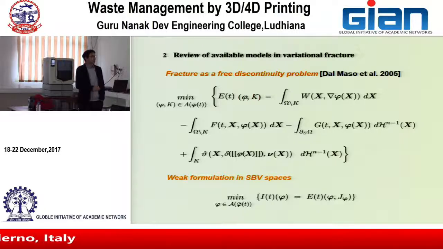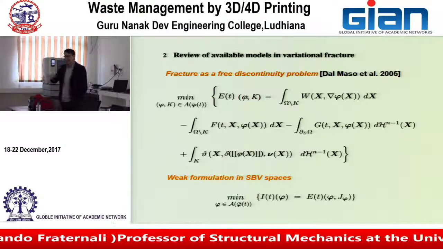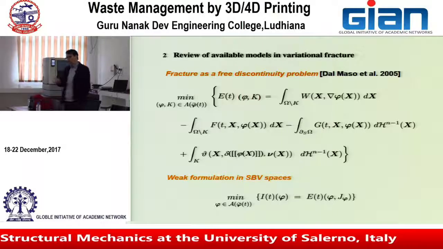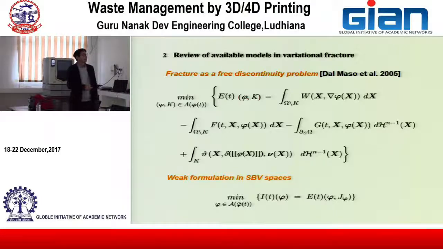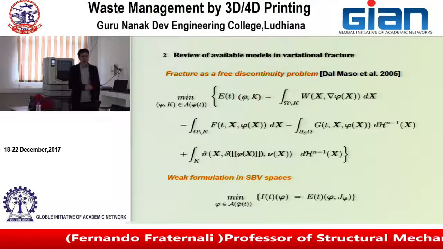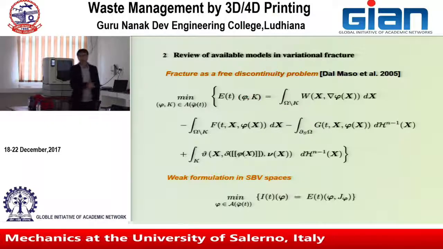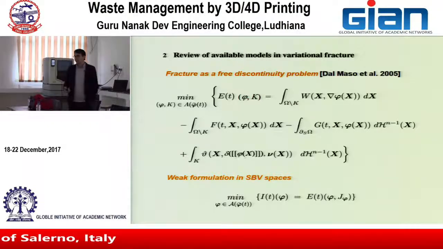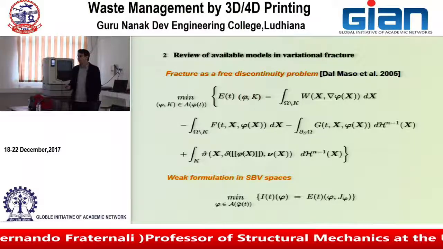And so this energy is made of an elastic part. These other two parts are not very important. Assuming elastic fracture to occur, the first term is the bulk term, called the elastic energy. It is the integral of an elastic energy density, which is basically the energy due to the elastic deformation of the body.